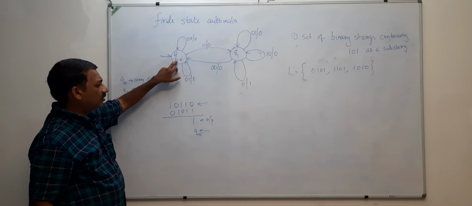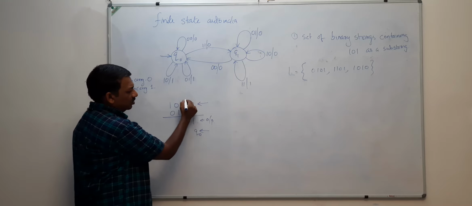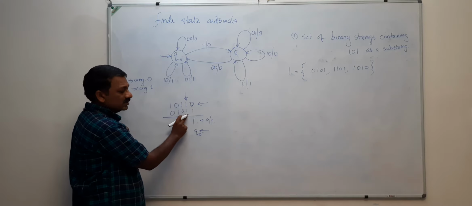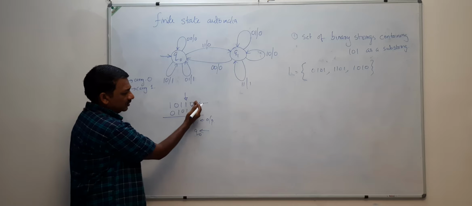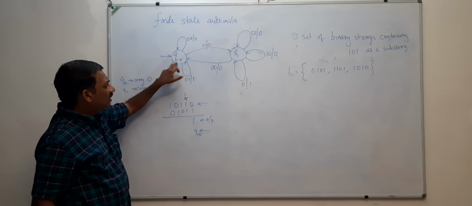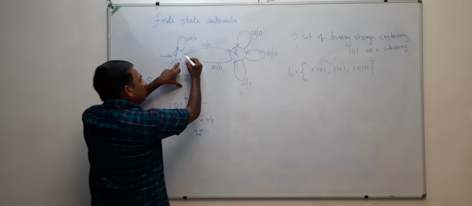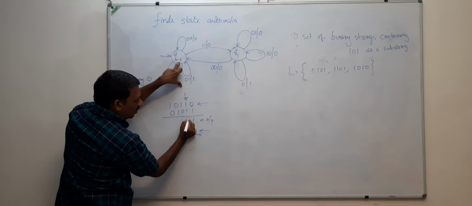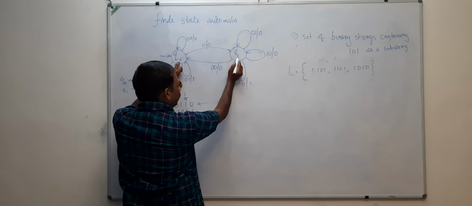Now the finite control is pointing to the next bit, and now 1 and 1. What will happen in state q0? If 1 and 1 happens, then the output is 0 and control is transferred to q1.